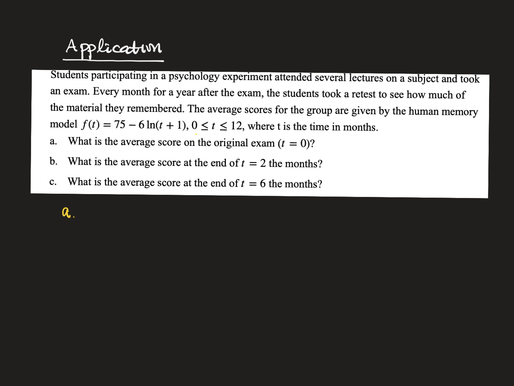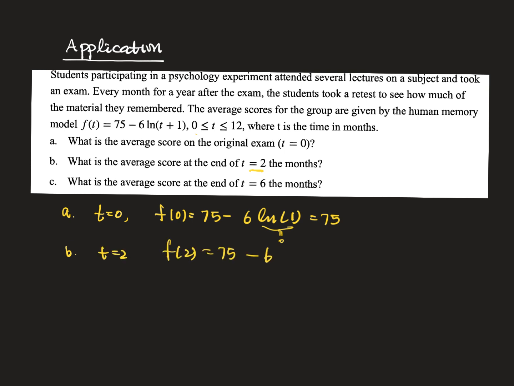What is the average score on the original exam? That's the first exam they take. So for part A, you take t equals 0. f of 0 is 75 minus 6 ln 1. What is ln 1, guys? ln 1 is 0, right? So 75. That's the 75 score. But after 2 months, what happened? f of 2 is 75 minus 6 ln 3. Guys, make sure you know how to use the calculator, okay?